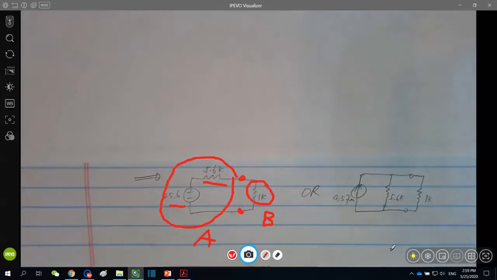Equivalent Norton's circuit: B here, terminals here, and then I sub n equals Vth divided by RTH. Okay, upward direction, parallel with RTH as circuit A, or say part A, same thing. So this is the solution for example 2.